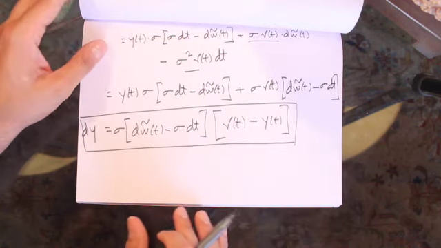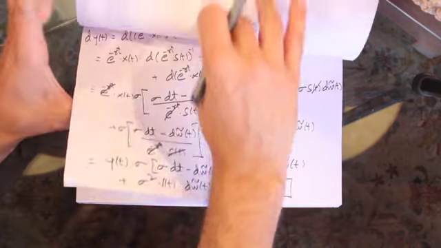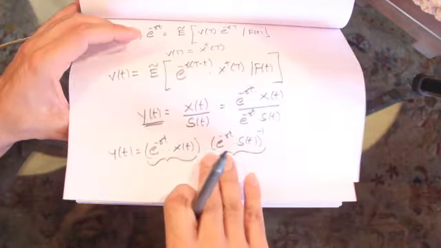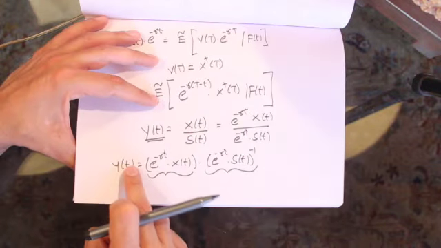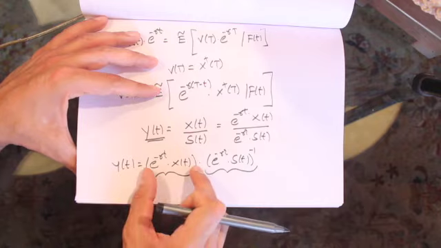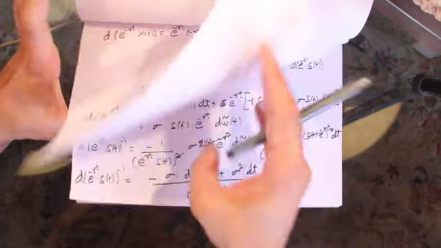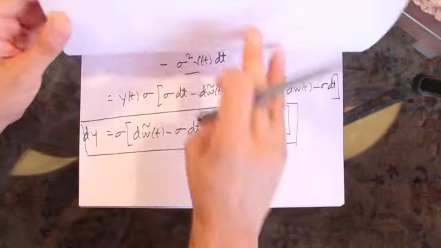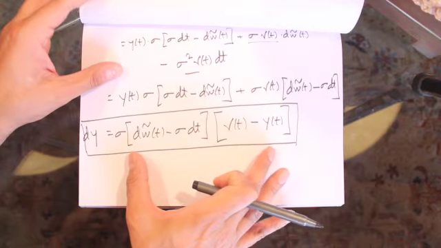So just basic manipulation I've done. In order to compute this dy of t, I needed to figure out the differential of this and the differential of this, which I computed in results A and B. Then I used Ito's formula to calculate this differential, and I got this.